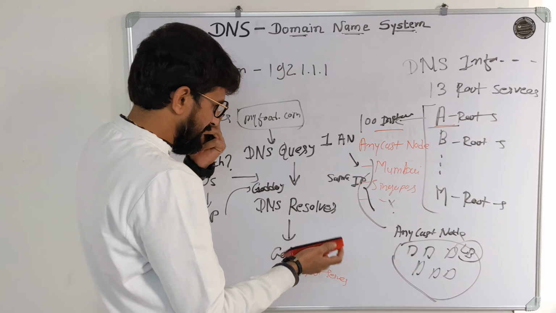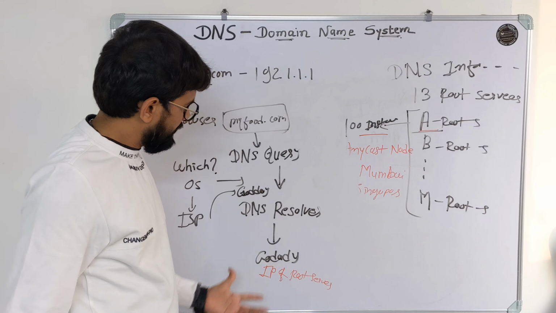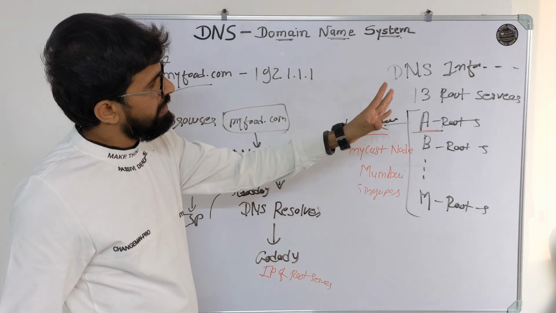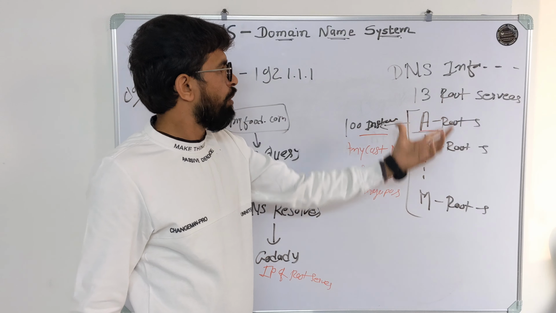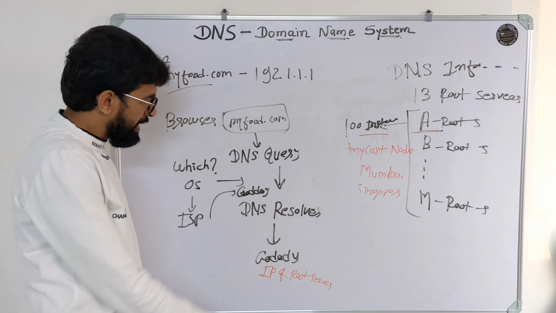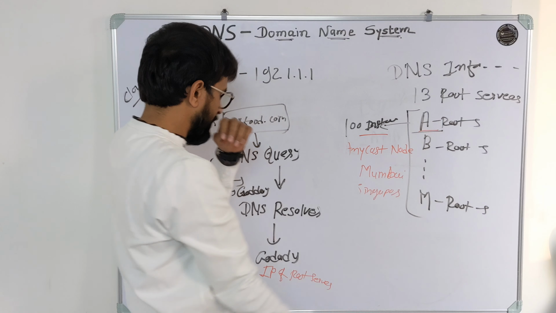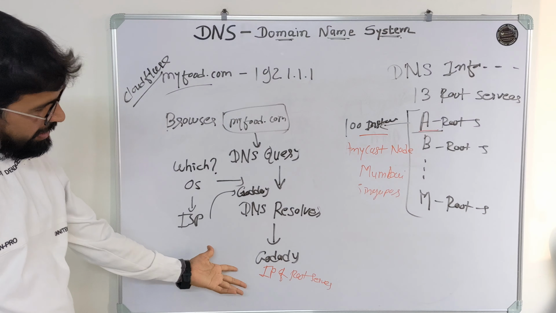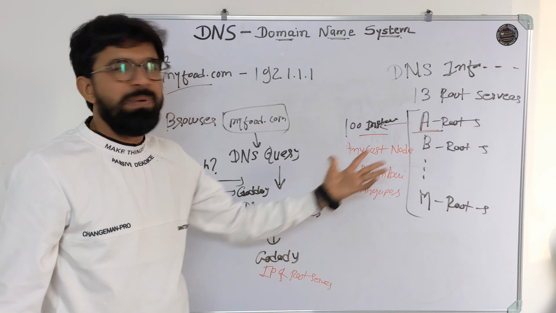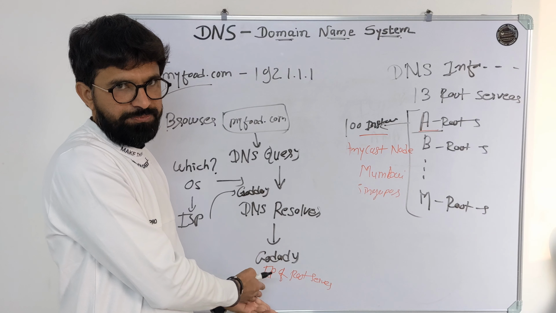Let me make a little space. Okay, so up to this point it is clear that GoDaddy already has the IP addresses of all the 13 root servers. Now GoDaddy has the question of which root server to connect to, because there are 13. GoDaddy doesn't have a direct relation with them; they are both independent. So GoDaddy will look for its own benefit.